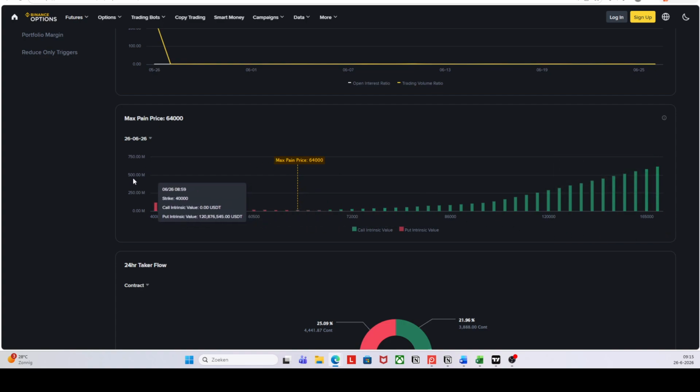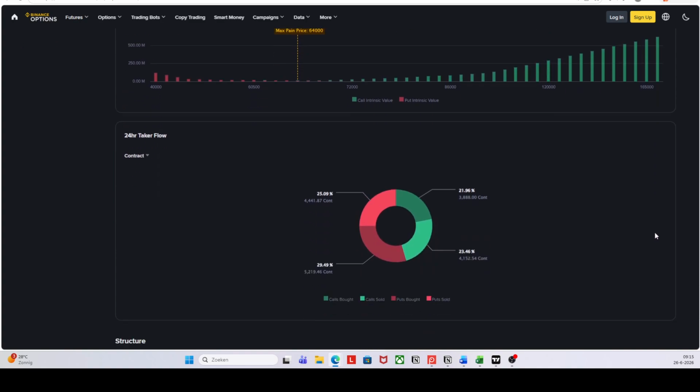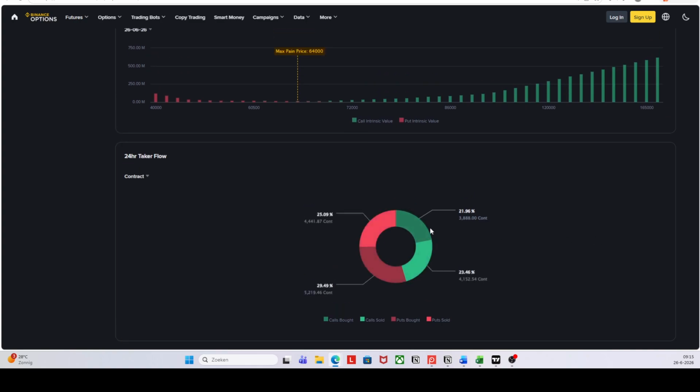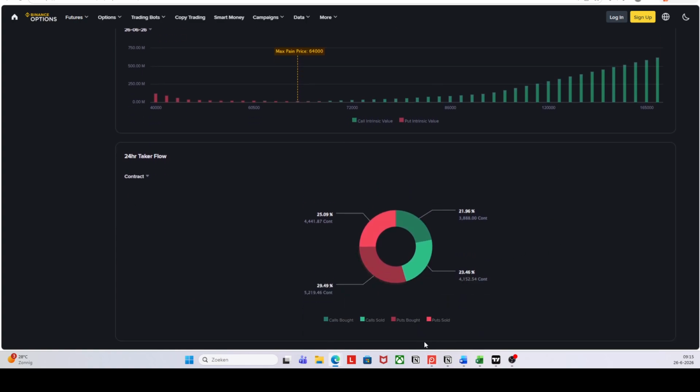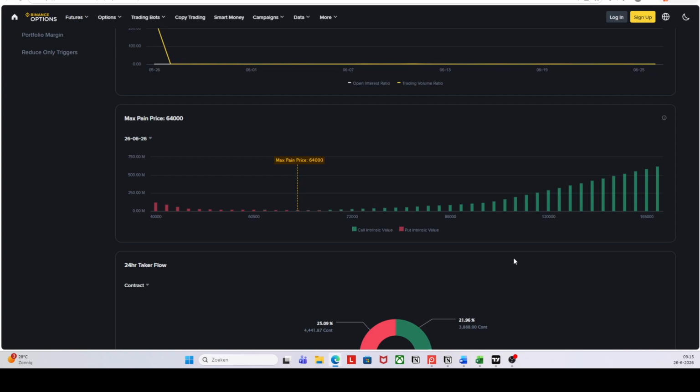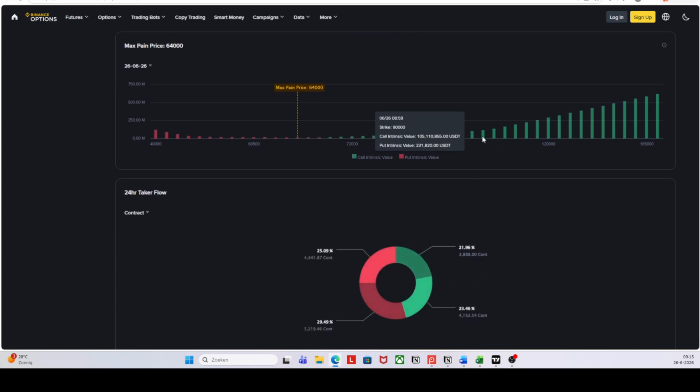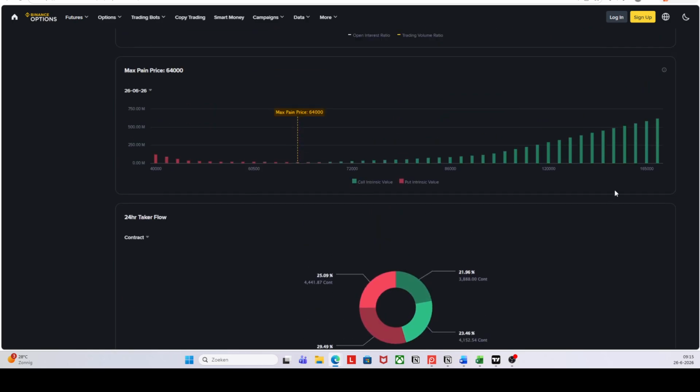Big volume, a lot of volume is being put on the table here, and that's also where all these contracts come from, because here you can see the puts that are being bought. It's significantly more than the calls being bought. So this 21% is mostly coming from this.